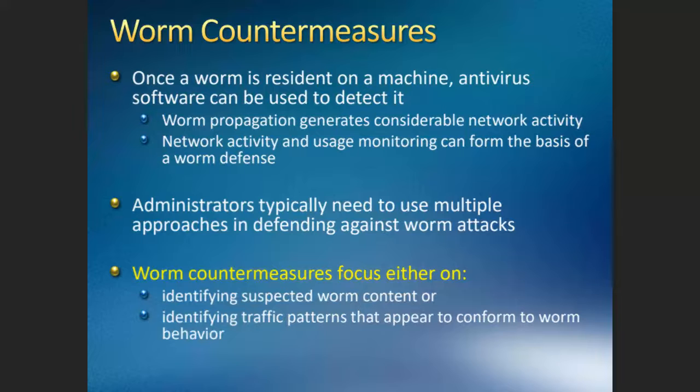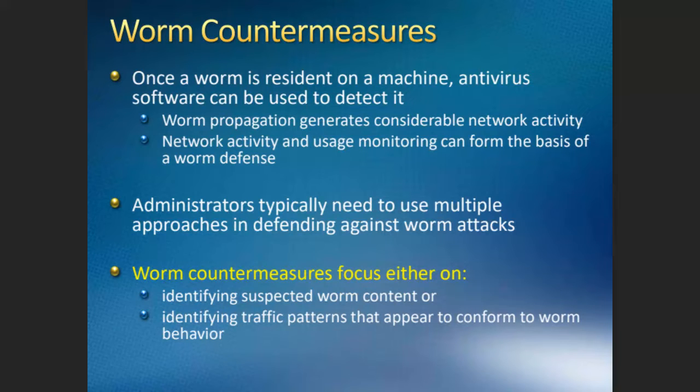What's the problem with worms? They are very dangerous because once a worm is resident on a machine, it can propagate through your network. It does not need to reside on the PC. It will go through the network. That's why it's dangerous. But your antivirus should be able to detect it if it's up to date.